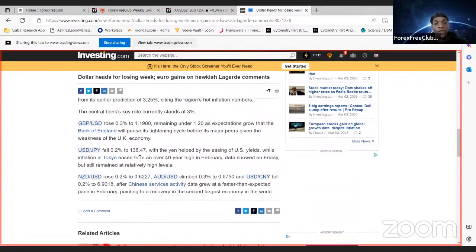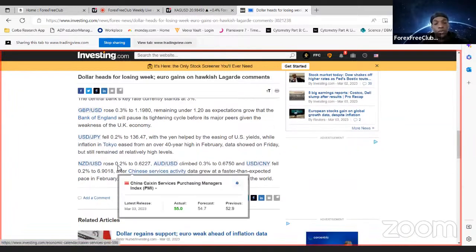USD/JPY fell 0.2% to 136.47, with the yen helped by the easing of US yields, while inflation in Tokyo eased from an over 40-year high in February, data showed on Friday, but still remained at relatively high levels.